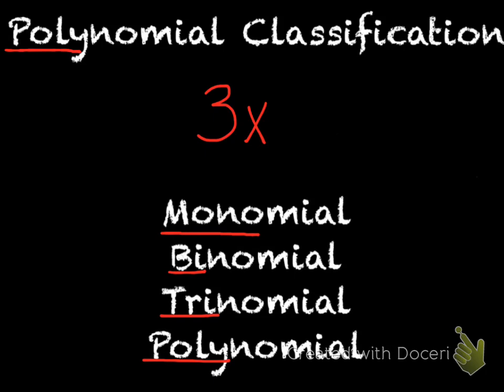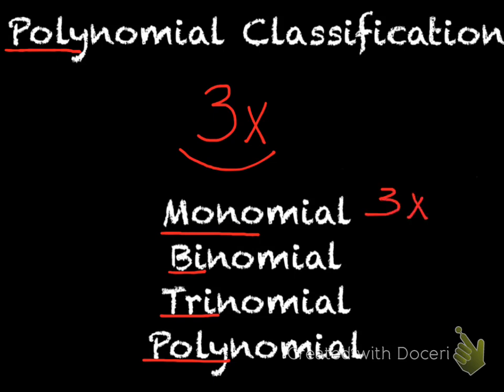If I create a term by separating it with a plus or minus, there is only one term in this case. Here, 3x plus 1, there's two terms that can't be combined. Can you combine a 3x and a 1? No, you can't. They're not like terms. So in the case of good old 3x, it is one term, and so it is considered a monomial if you are classifying it by its terms.